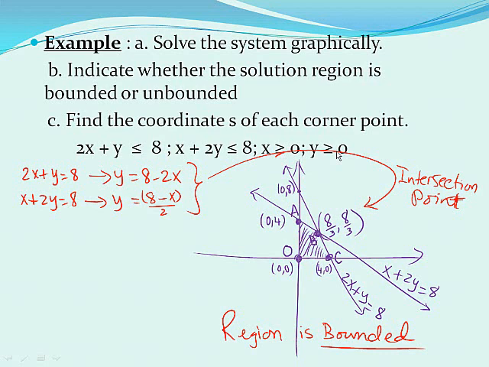We are going to graph the two boundary lines and shade the common region that comes in the first quadrant. So we only need to shade the first quadrant region because of these two conditions. So this is what we are going to get, and this region is obviously bounded because I can enclose this within a large enough circle.